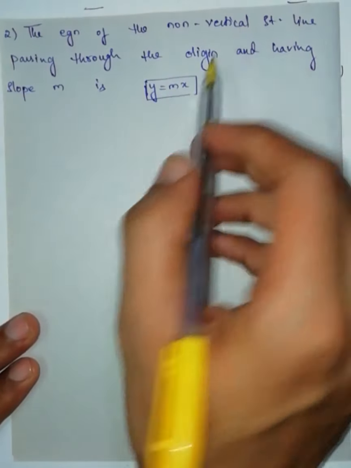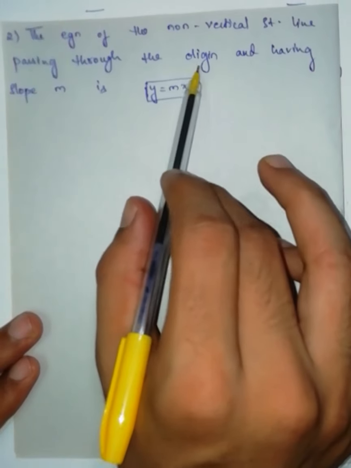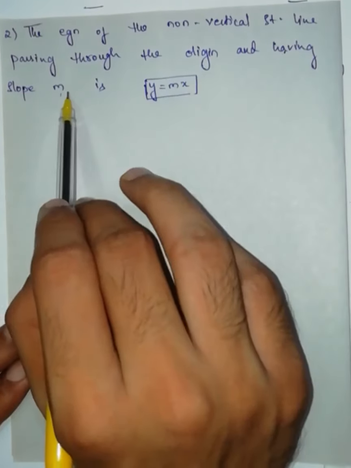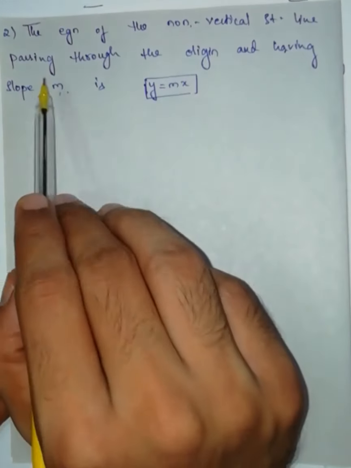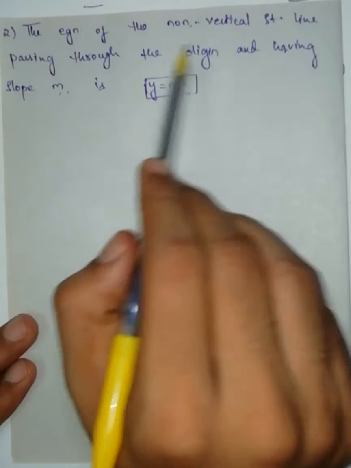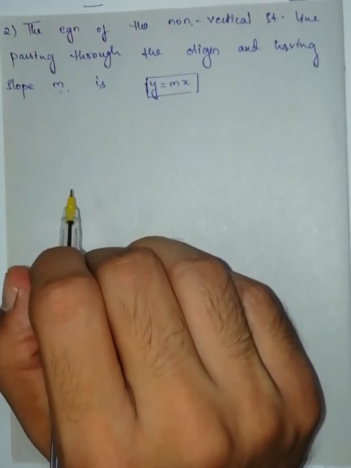Any equation which passes through the origin and has a slope, since only non-vertical straight lines have a slope, is in the form of y is equal to mx.